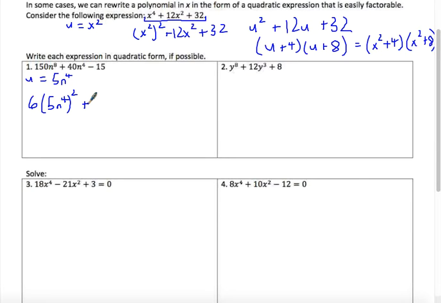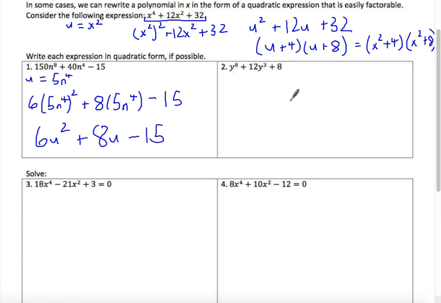Plus 8 times 5n to the fourth and then minus 15. So now when we make that substitution, we get that this is 6 times u squared plus 8u minus 15. And that's what we mean by write it in quadratic form.